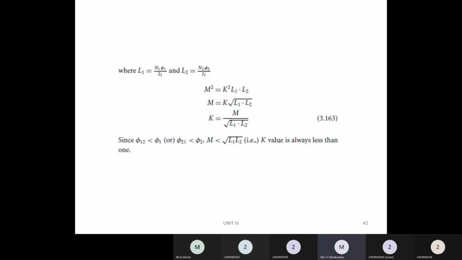Here K equals M by root of L1 L2. K value will always be less than 1, where M is the mutual inductance, and L1 and L2 are the self-inductances.